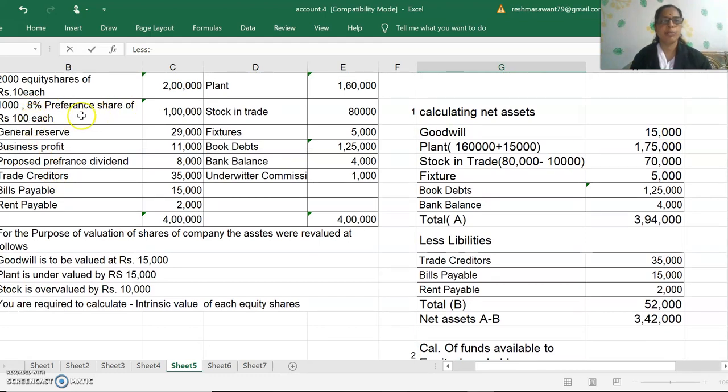1,000 8% preference shares of rupees 100 each. 1,000 8% preference shares of 100 is rupees 1 lakh, as well as there is one adjustment, proposed preference dividend, also recorded here, rupees 8,000.